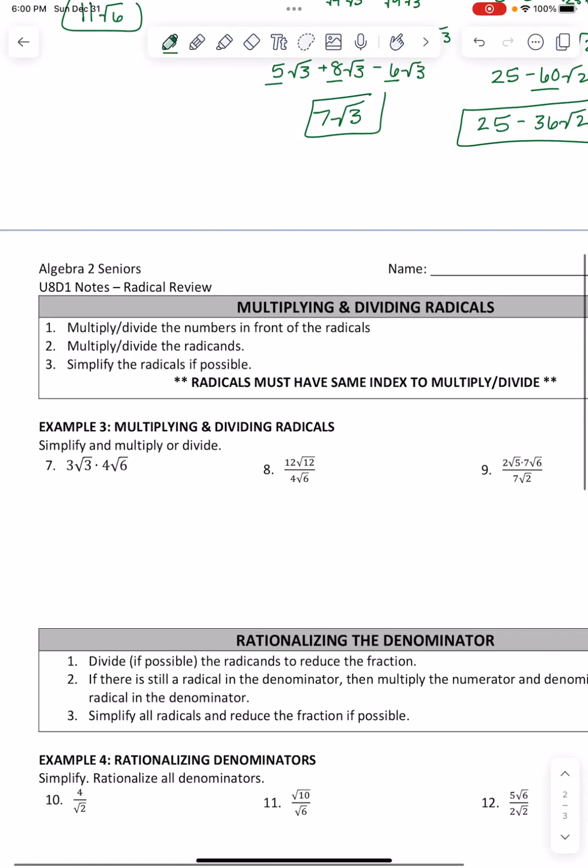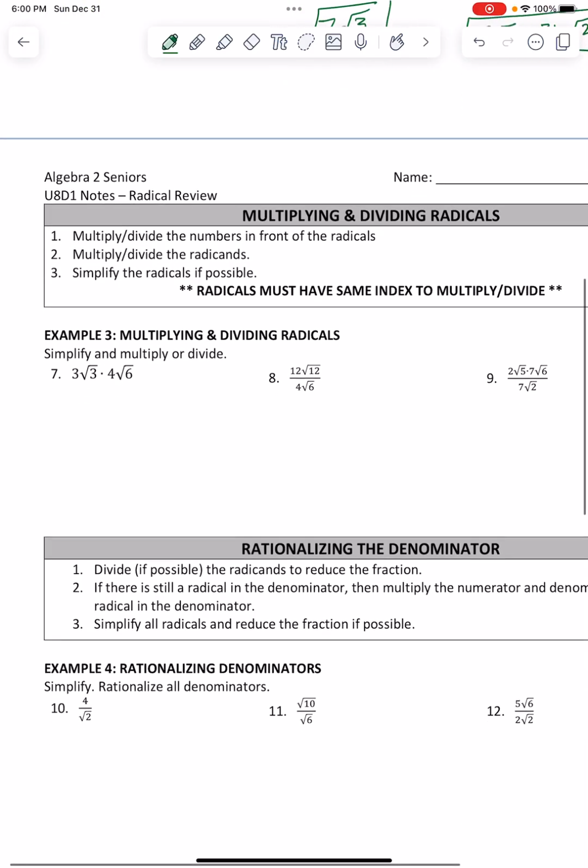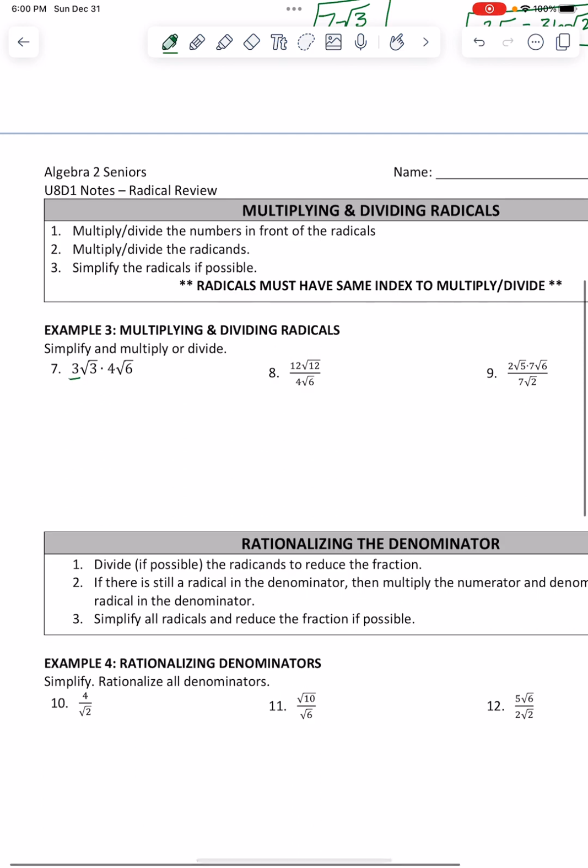Now, multiplying and dividing. They just have to have the same index to multiply or divide. So when we multiply, like in number 7, we're going to take the numbers outside and multiply those. So 3 times 4 is 12. And then we're going to take the radicands and multiply those. So 3 times 6 is 18.